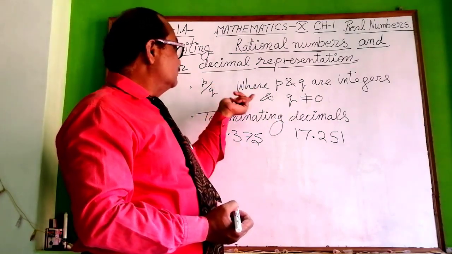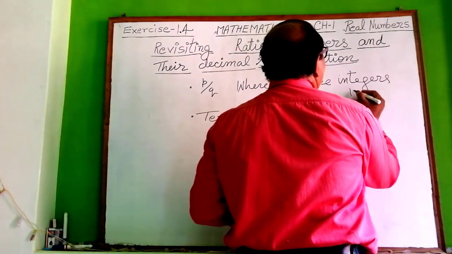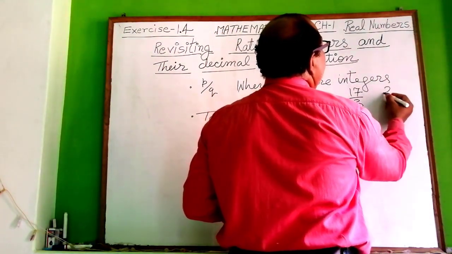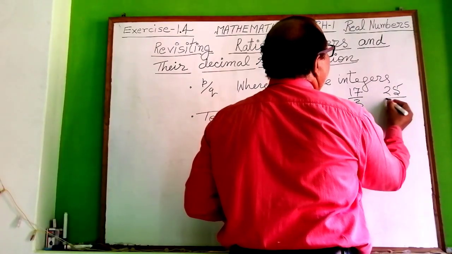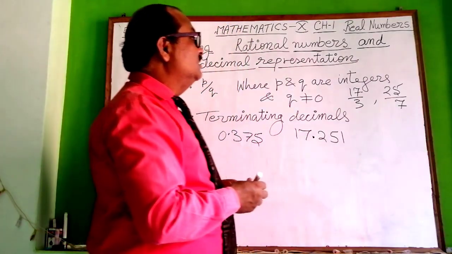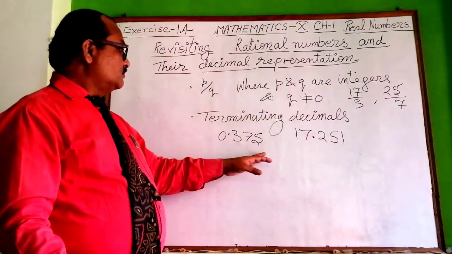Here about the numbers which are in the form of P upon Q. Suppose a number is given, another number suppose 25 upon 7. So both are, you can see, rational numbers.